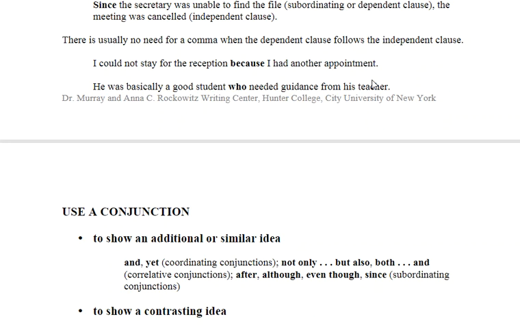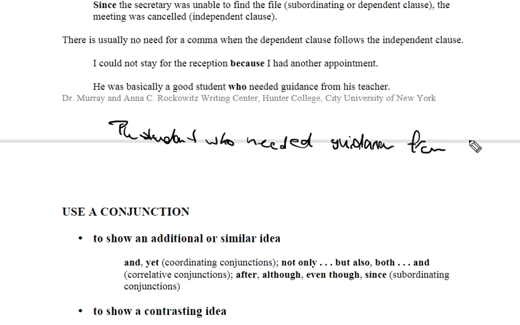Okay? Instead of starting it off this way, the student who needed guidance from his teacher, and we stop here.